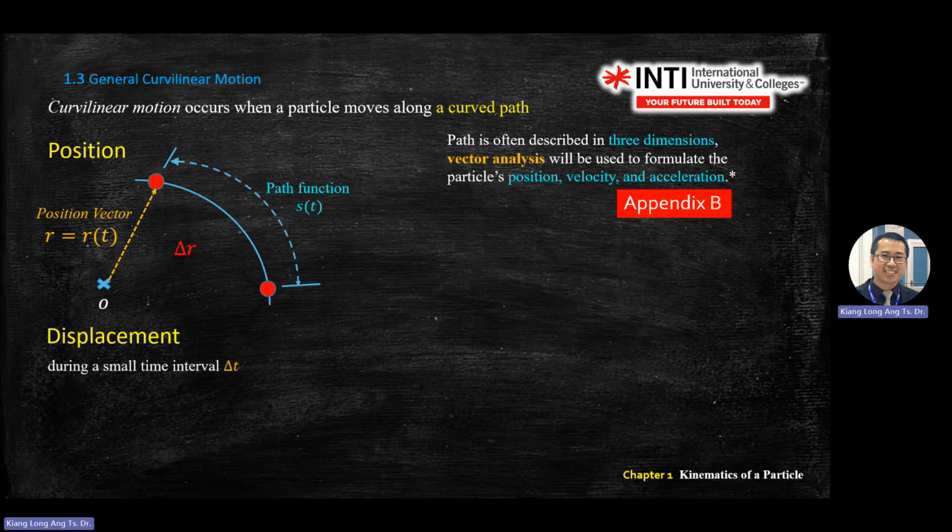So for displacement, in a small time of delta t, the object moves from R to R prime.